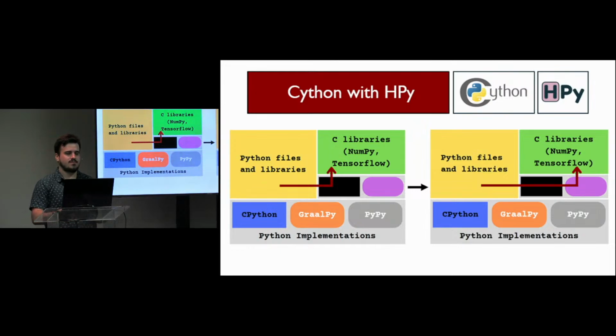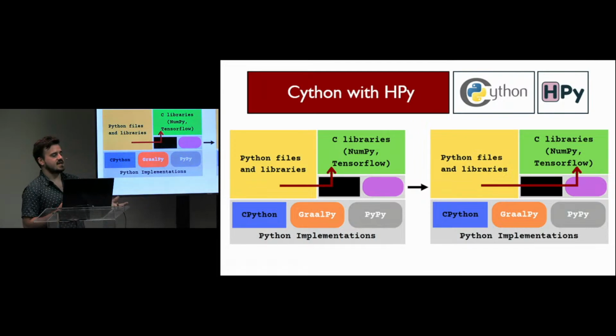Now, we created this backend. HPy is designed to be easy to port from the C API. So unless necessary, the only real change is you add an H in front of the C API function name and pass in an extra variable, and it works.